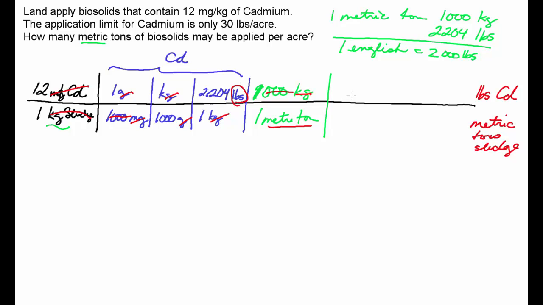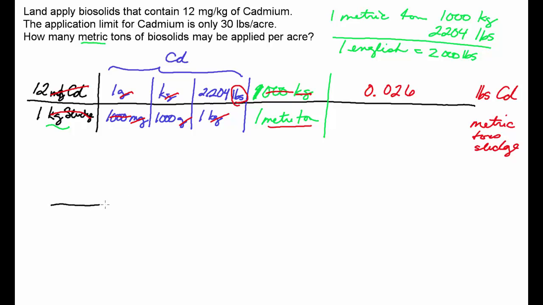It's a very small number. Okay, so we've got 0.026 pounds of cadmium per ton of sludge. Looks like we're going to be able to put way more sludge on here. Cadmium's not the limiting factor. It's going to be nitrogen or something else.